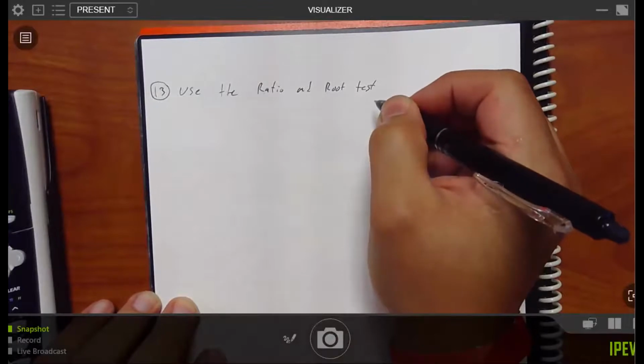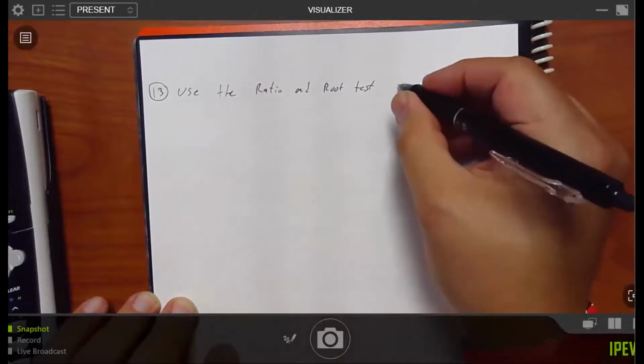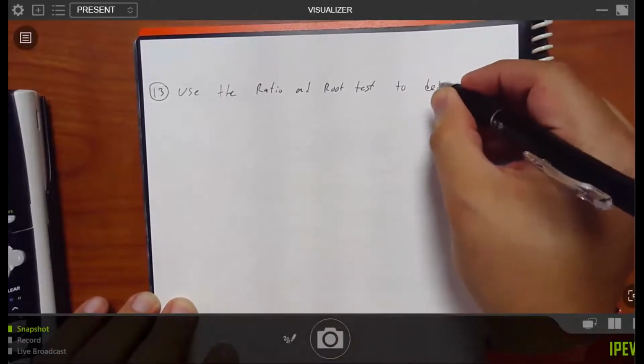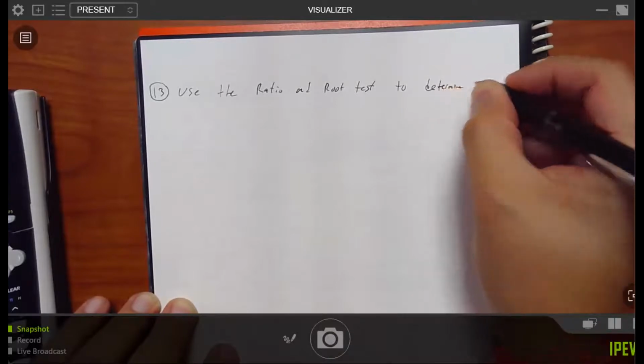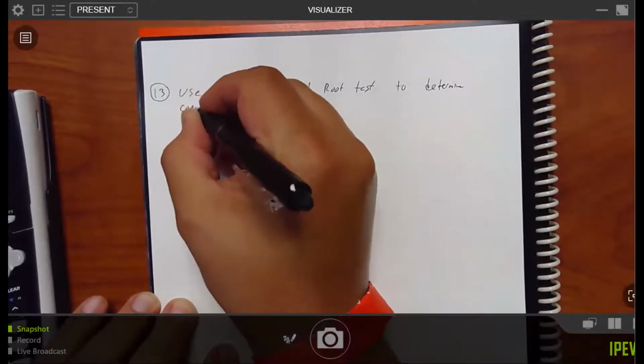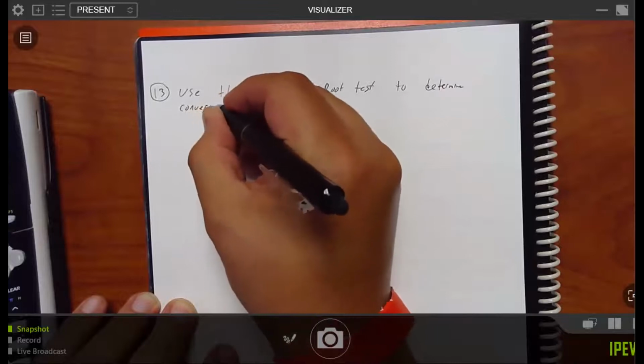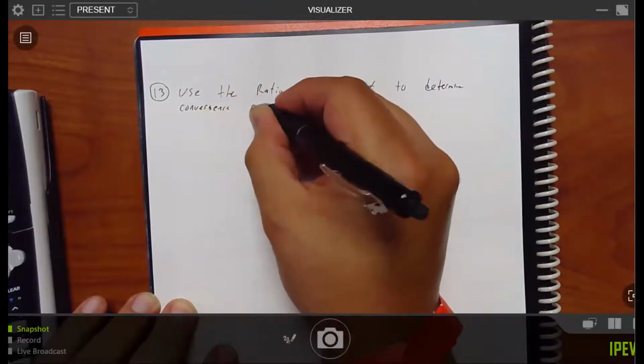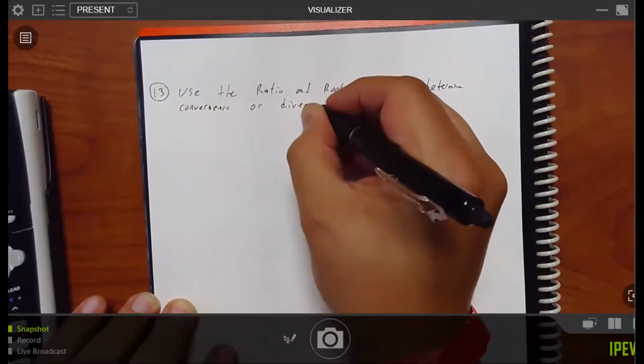Use the ratio and root test to determine convergence or divergence.